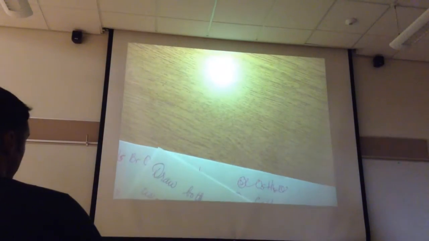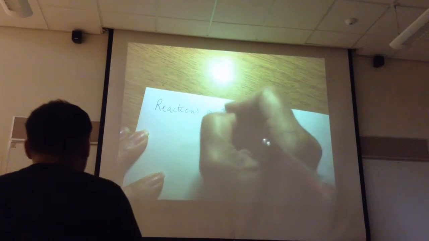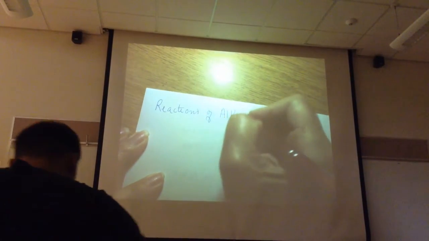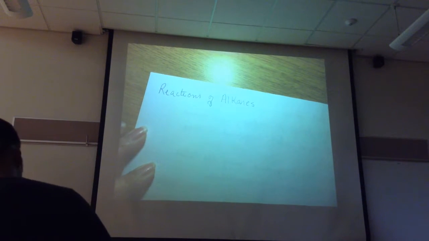First of all, we're looking at the reactions of alkanes. So this is going to be reactions of alkanes. And we are going to come up with what is called a general formula.